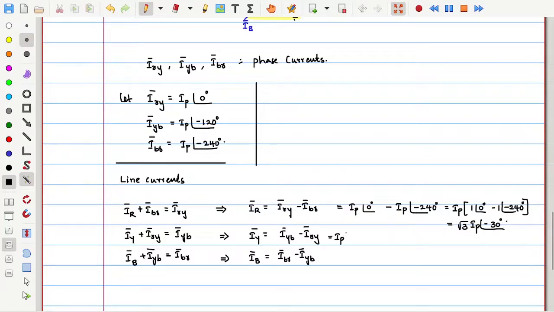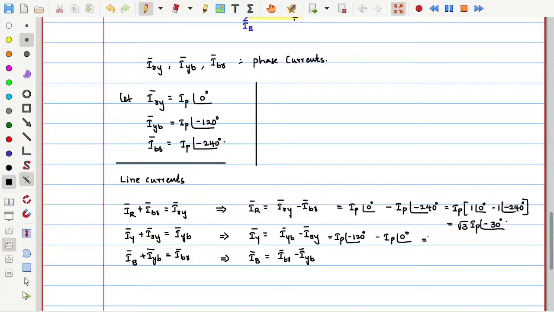IP at an angle of minus 120 and IRY is IP at an angle of 0. So how much will we get? 1 at an angle of minus 120, minus 1.